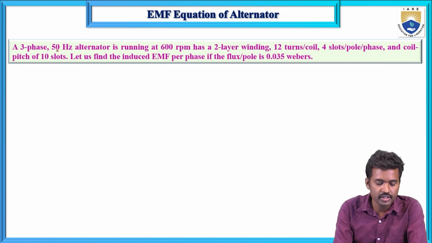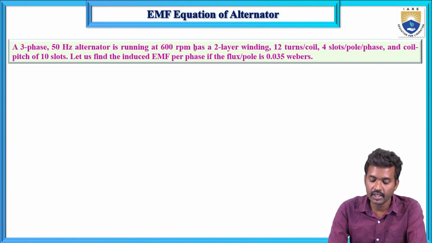A three-phase 50 Hz alternator is running at 600 RPM, has 2-layer winding, 12 turns per coil, 4 slots per pole per phase. So this is m, and the coil pitch of 10 slots.